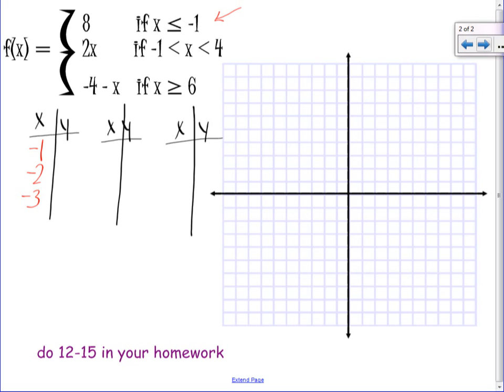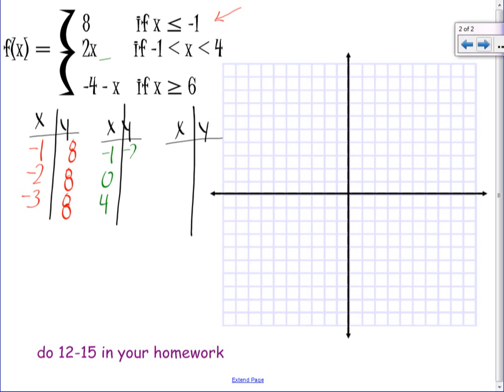If we put -1 here, or -2 or -3, what are the y values always? They're always 8 on this one. So we got 8, 8, 8. Okay, new color. What values should we use here? -1, 0, and 4 would be great numbers. Or -1, 1, and 4. What if we put a -1 right here in for x?